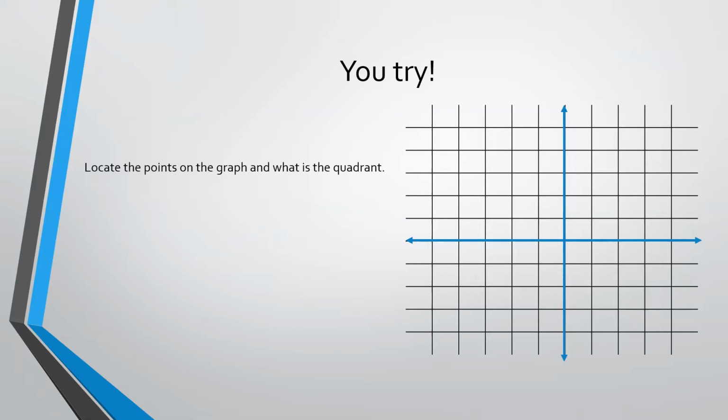Now it's your turn. Locate the points on the graph and what quadrant they are in. 4 and 1. So if you got that point on our graph, now, what quadrant is it located in? You can answer by typing it in your chat box.